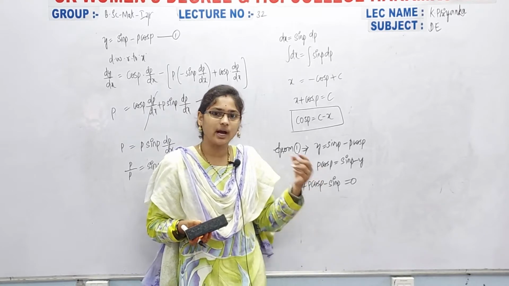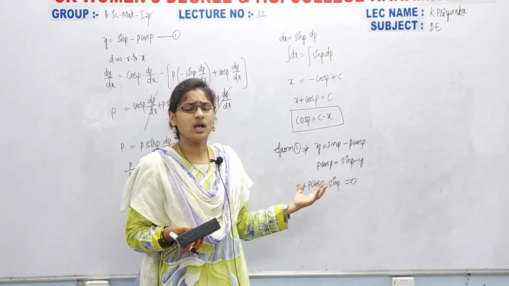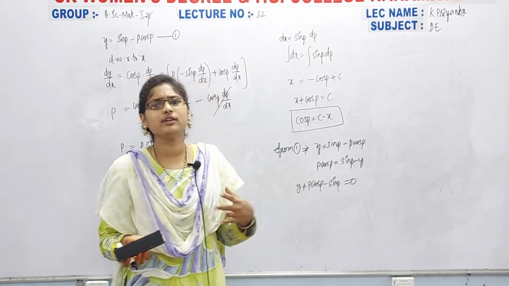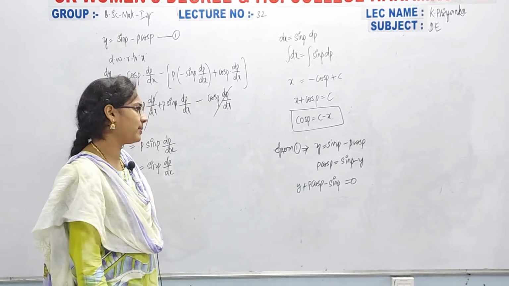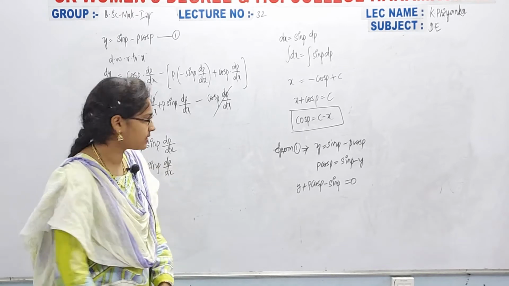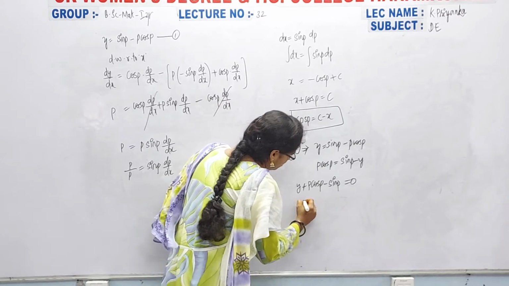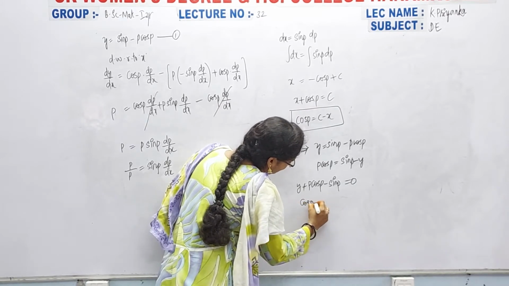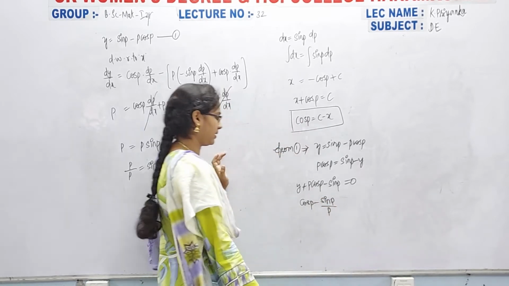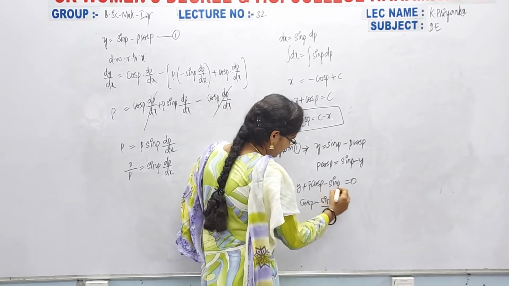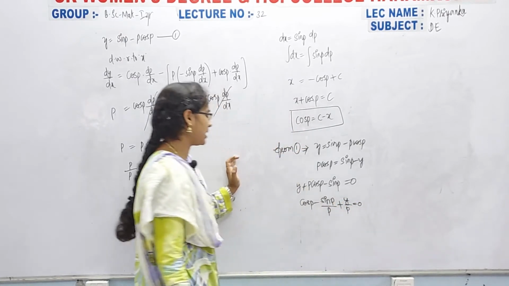But when we have a trigonometric function, the variable is generally x, whereas here we have P. So we can take the value directly: P is equal to (cos P minus sin P plus y) by P. If we take it like this, what do we get?